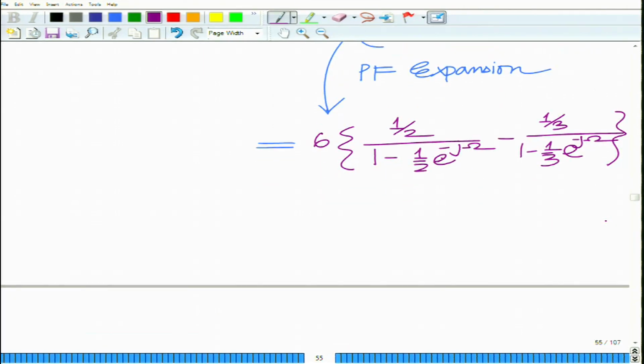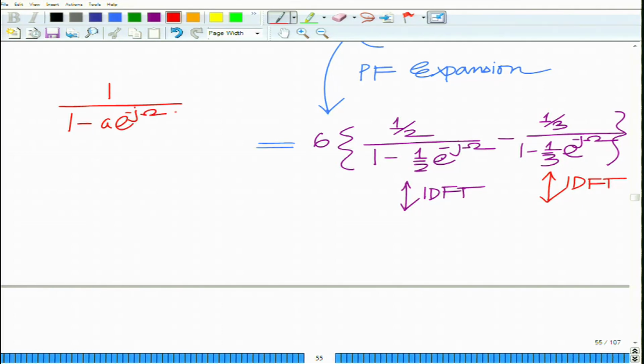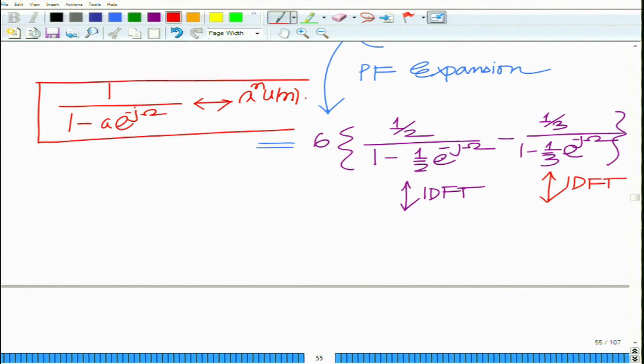Okay. And now, you take the inverse DTFT of each component, and we will use the property that 1 over 1 minus a e raised to minus j omega has the inverse DTFT a raised to n u[n]. So, this is the property that we are going to use. Okay.